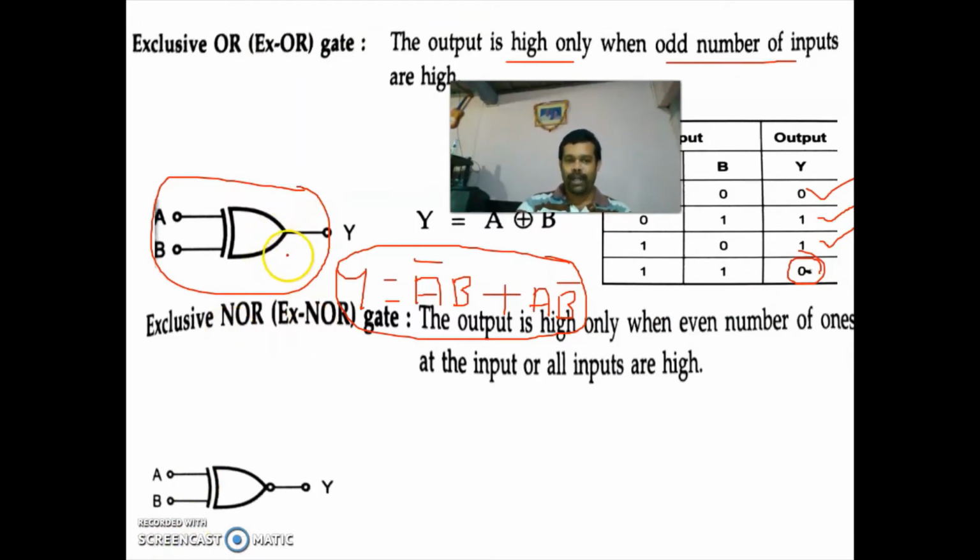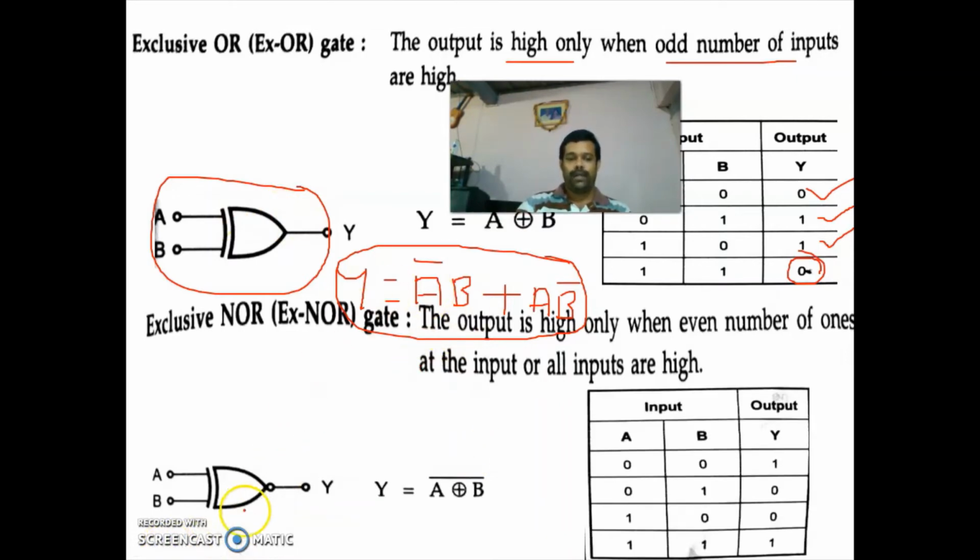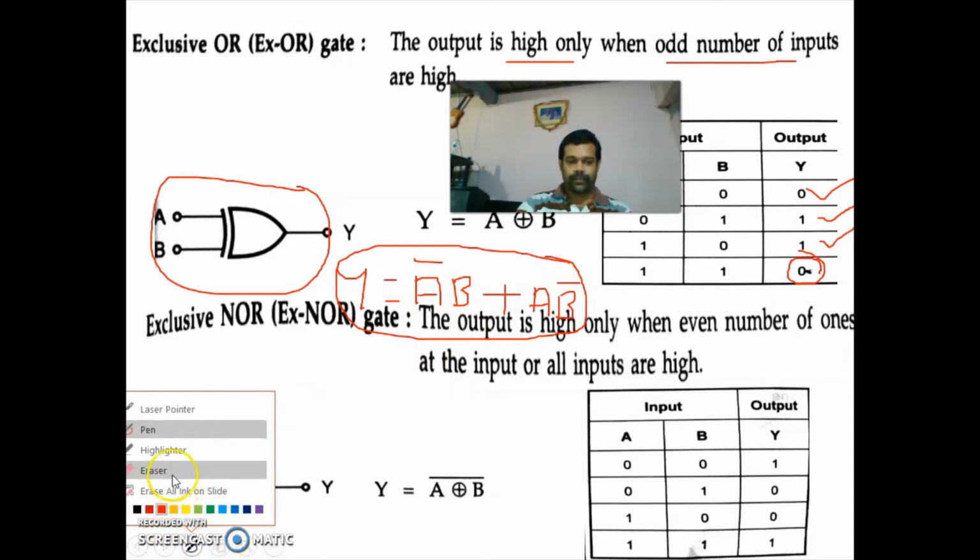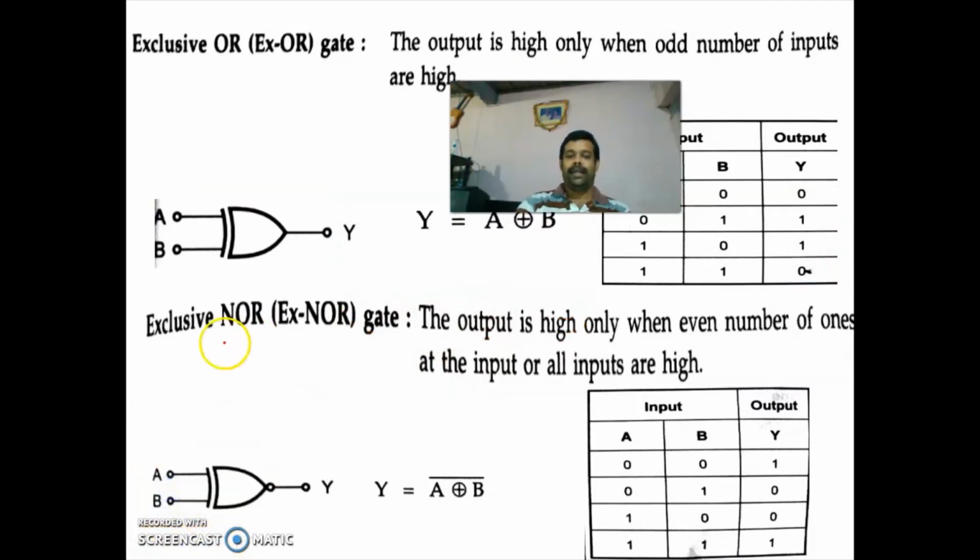If you connect one NOT gate to the output of exclusive OR, you will get exclusive NOR. In XNOR gate, the output is high only when you have an even number of one inputs. Or in simple terms, we can say when all the inputs are high, output is high.